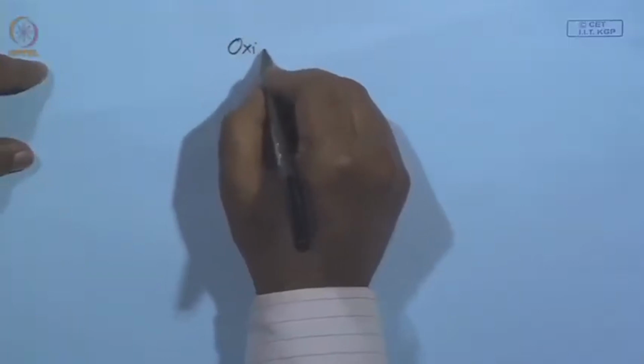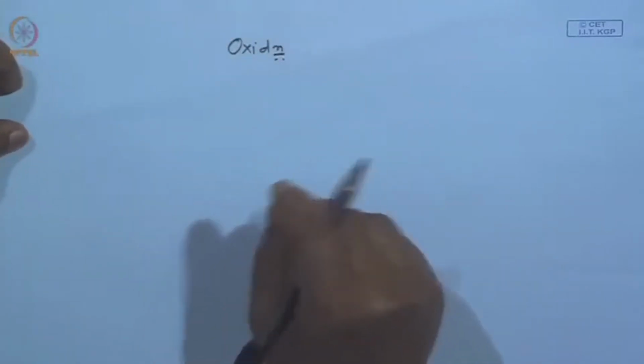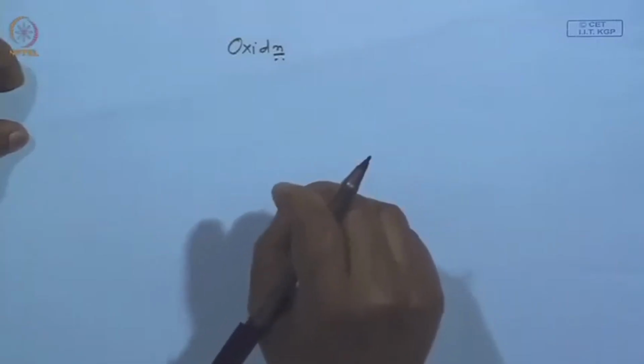So we will talk about it. Oxidation is a problem in heterocyclic chemistry, primarily because of the presence of the lone pair and the heteroatom.